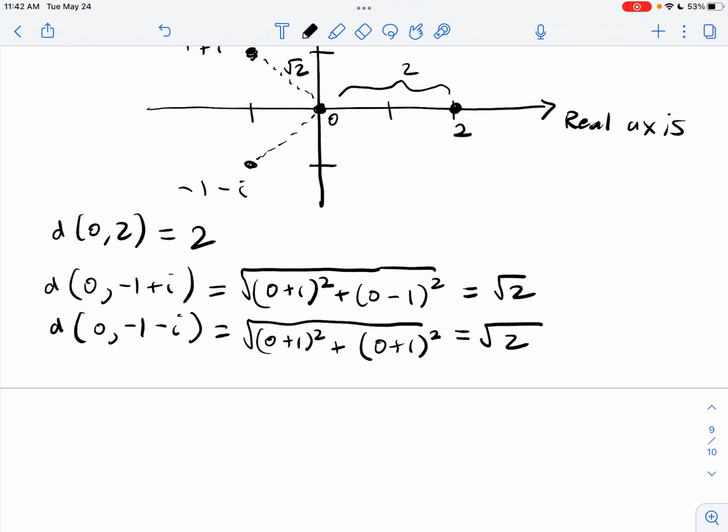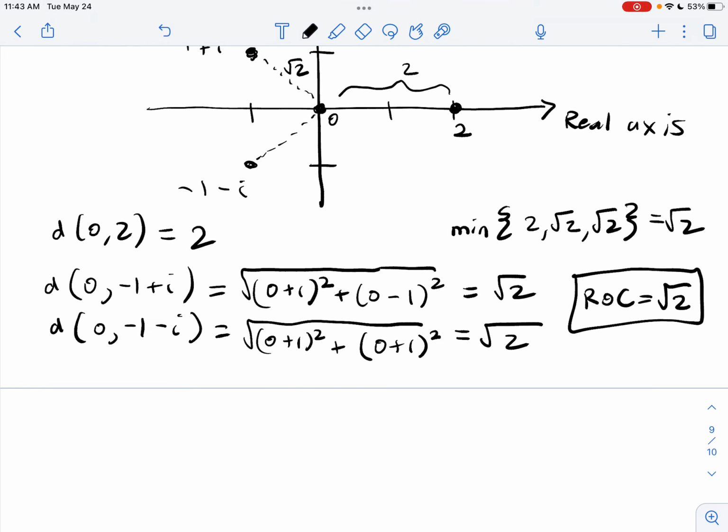Again, that actually ends up not mattering. We end up getting a square root of 2 for both. So the minimum of all three of these distances: the minimum of 2, square root of 2, and square root of 2 is just the square root of 2. So this means that the ROC is the square root of 2.